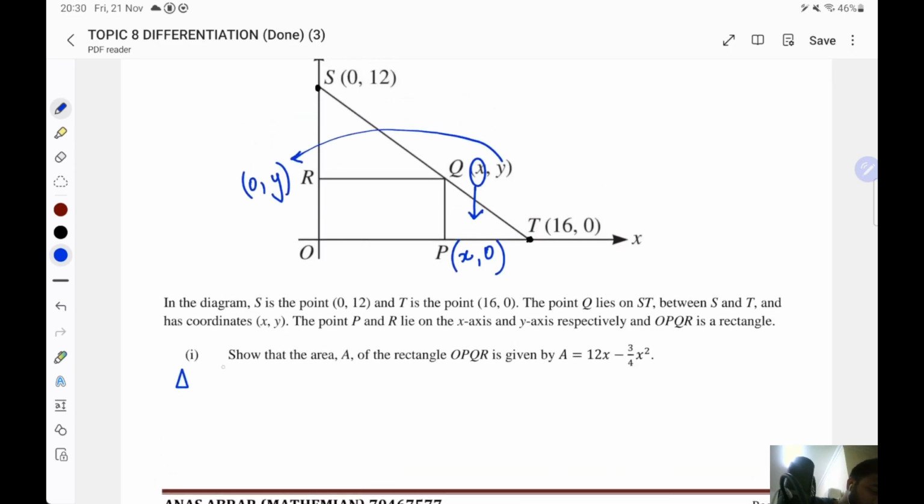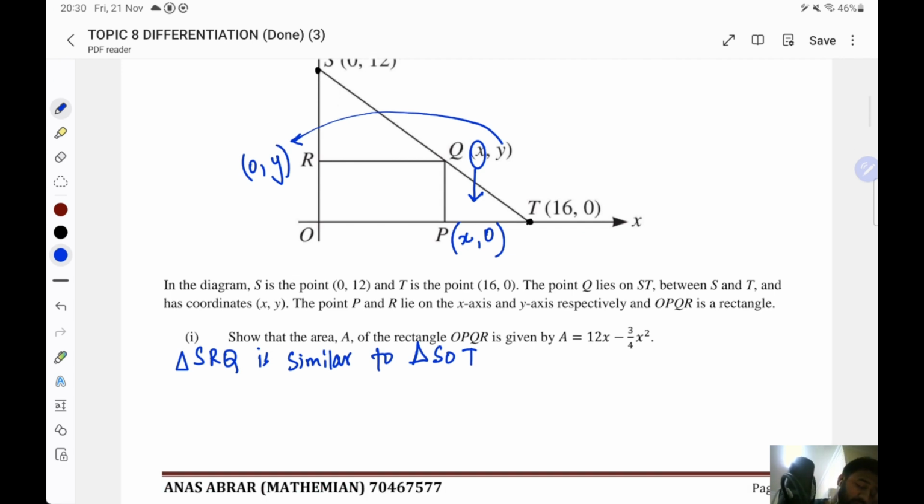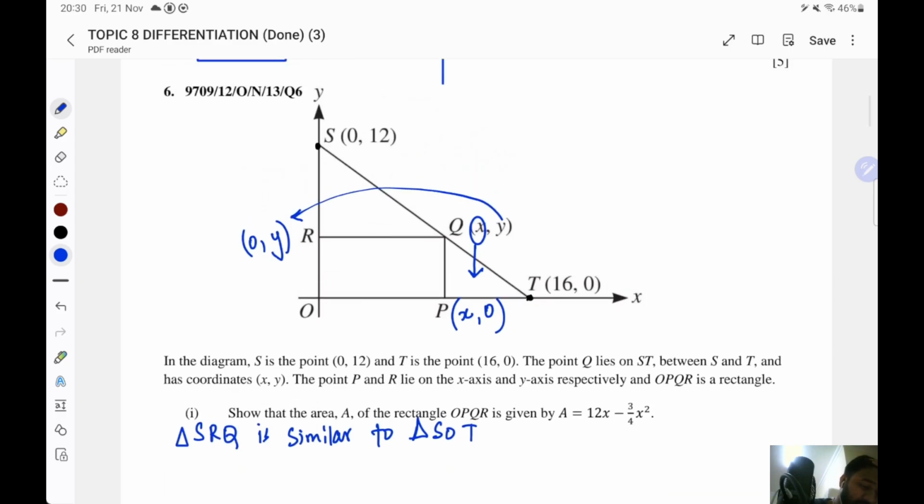Triangle SRQ is similar to triangle SOT. We know that the ratio of the sides of two similar triangles is always the same. So the ratio of this and that is going to be the same. I hope you will agree.